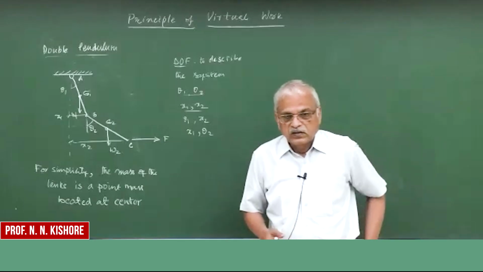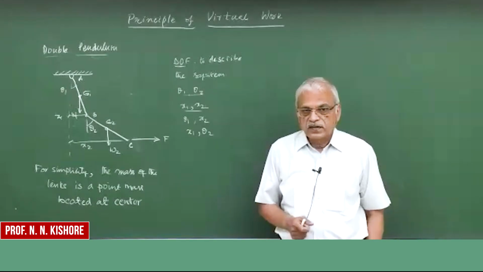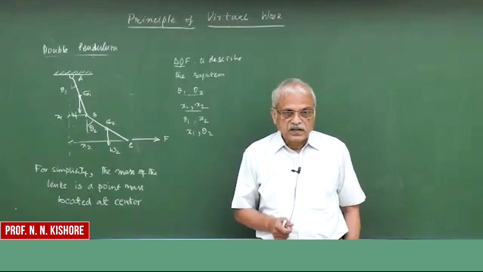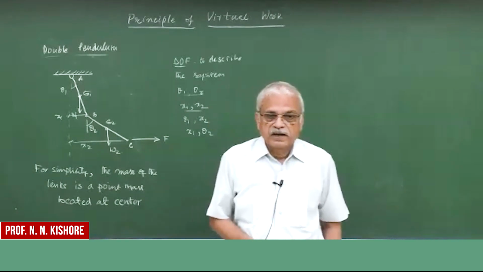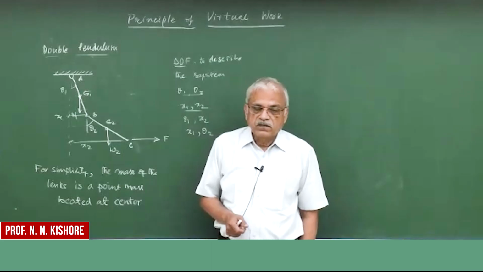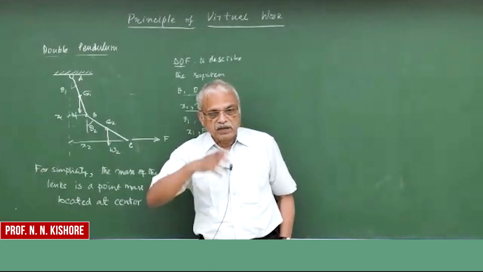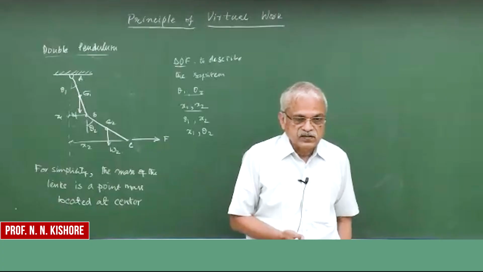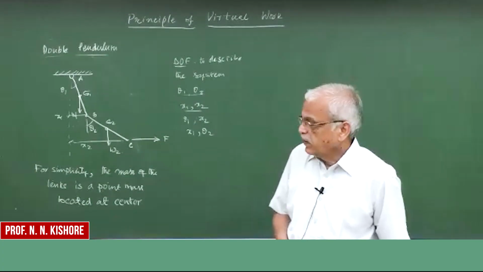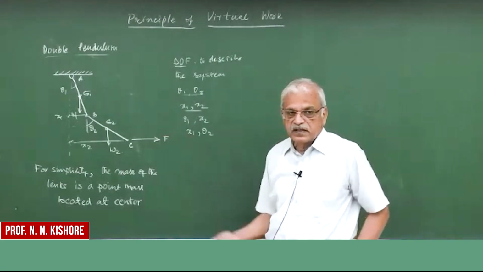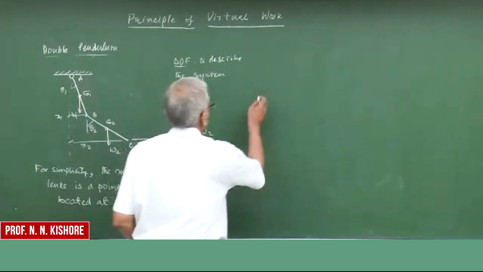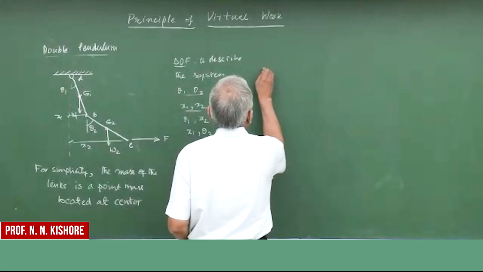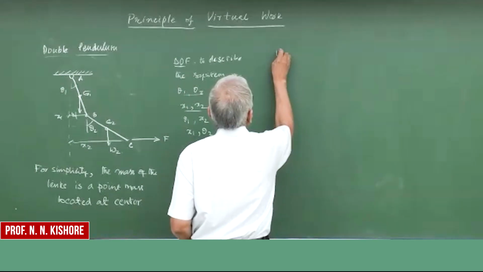At that equilibrium position, if you disturb it, if you give a small virtual displacement, then the work done by all the system of forces here will be 0. So there are three forces.